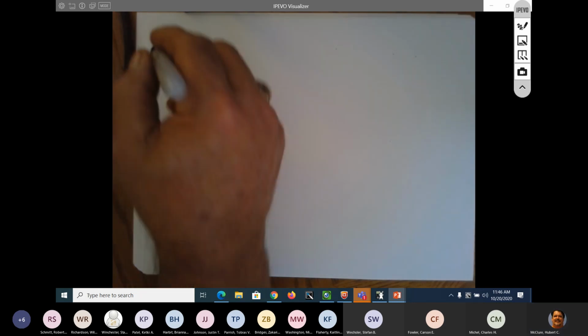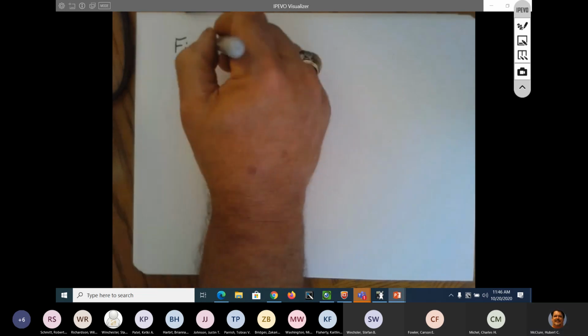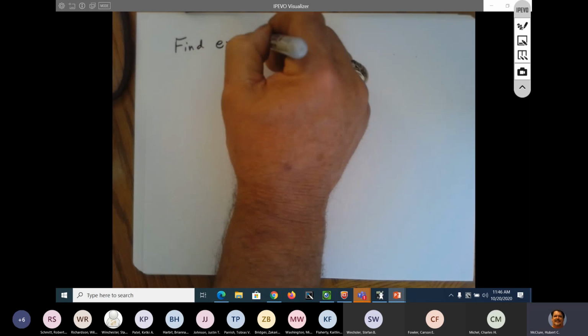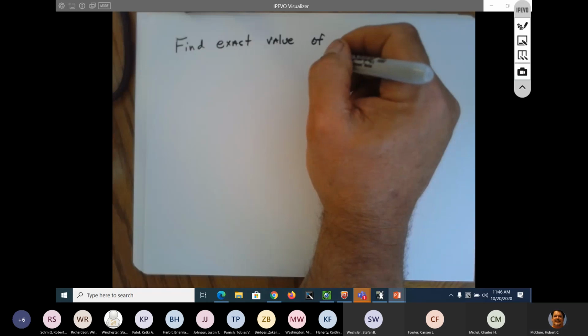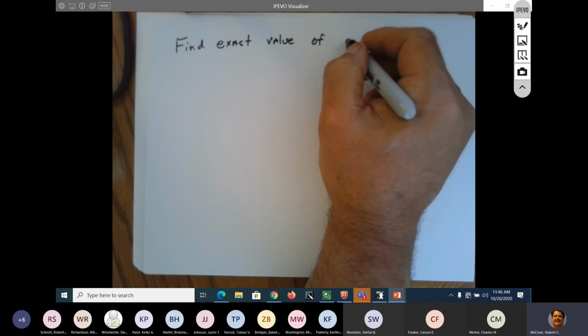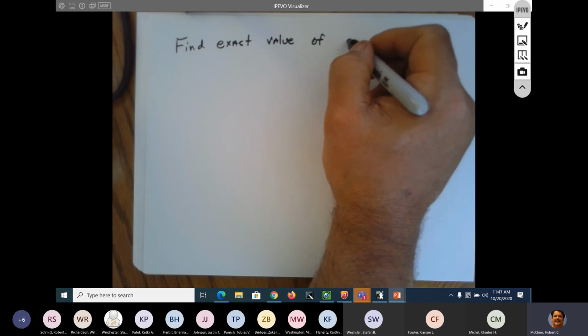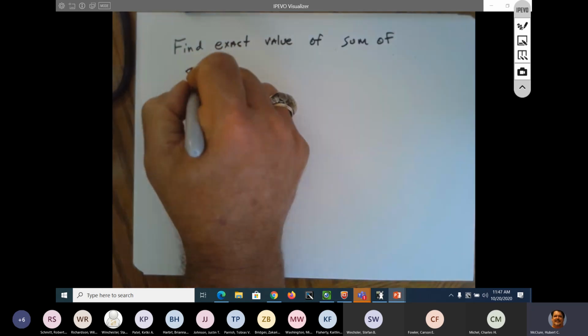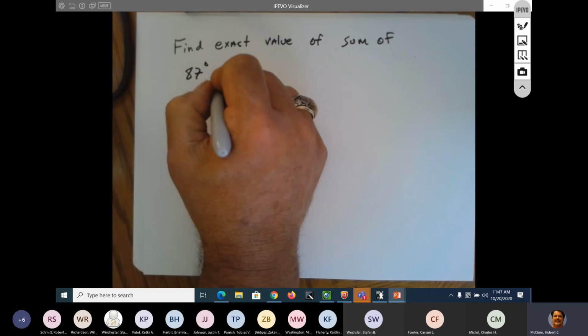Find the exact value of the sum of 87 degrees and 93 degrees.